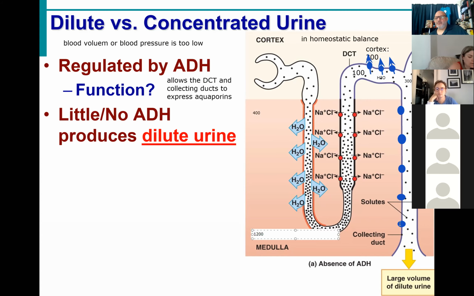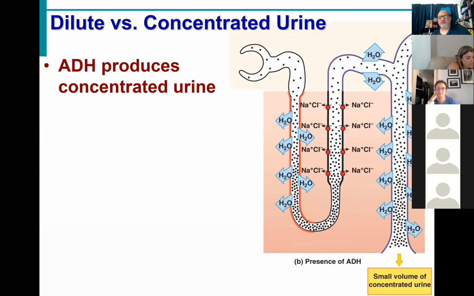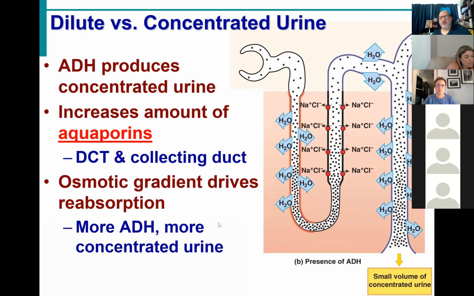So if we're opening up a lot of aquaporins inside our collecting duct, we can pull back a lot more water, and we can make this urine very, very concentrated and a very small volume, which this pretty picture right here shows. Notice now, thanks to antidiuretic hormone, we can express those aquaporins. We can absorb much, much more water.